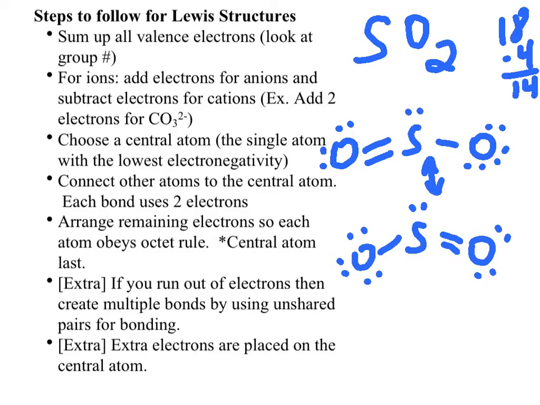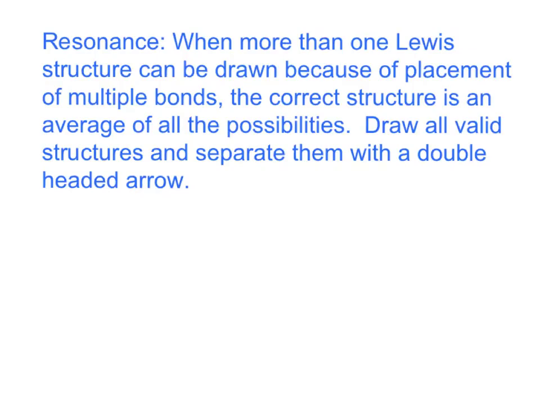And it's up for the reader to understand that of all the different possible Lewis structures that you can draw, you just have to average out all the different possibilities, and that's what the real answer looks like. So resonance refers to the condition when more than one Lewis structure can be drawn based upon where you're putting double bonds or triple bonds.